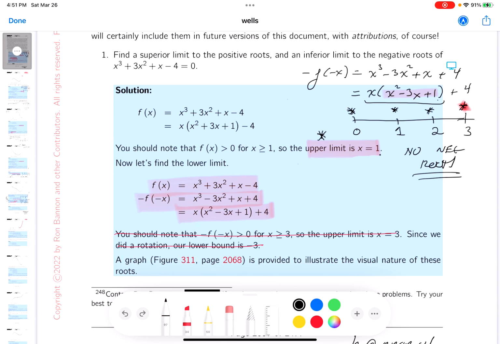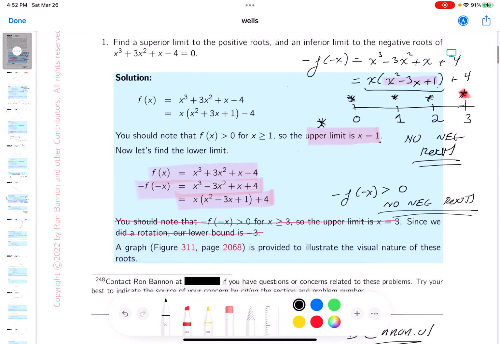I'm going to state that this minus f of minus x is greater than, maybe I should put down greater than or equal. It's just greater than. It's always positive. All right, always positive. So what I should have written down says no negative roots. I need to update the key, by the way.